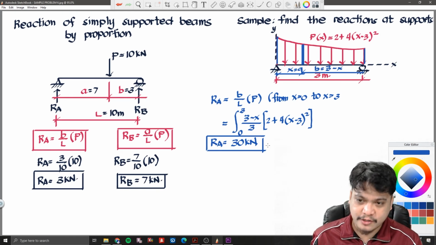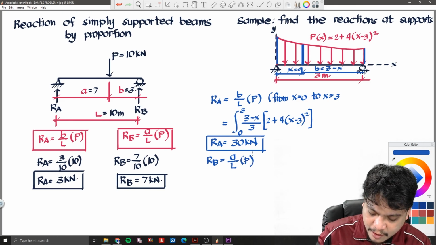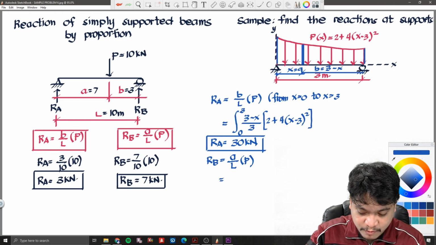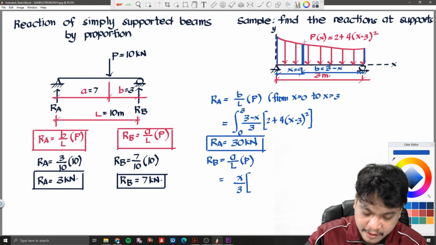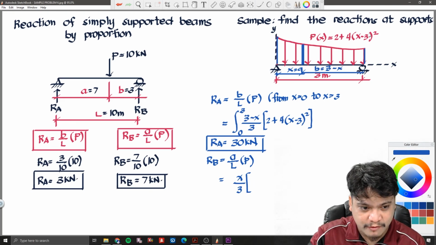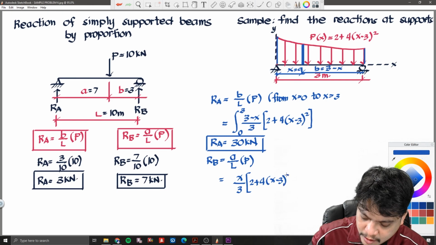Same thing with the reactions at B. Okay, so yung reaction natin sa B, so you will be having here the RB. So, this time, that would be A over L multiplied by P. So, that is yung A natin. This time, that would be your X. Okay, all over the L, which is 3 meters. And then, you will be having here the value of P. But the value of P is varying, and that is actually the function of X. So, you will be having here 2 plus 4 multiplied by X minus 3 squared.